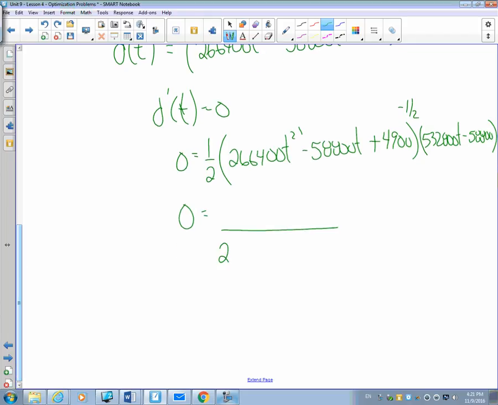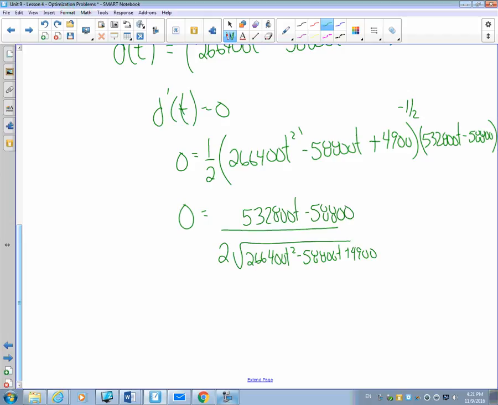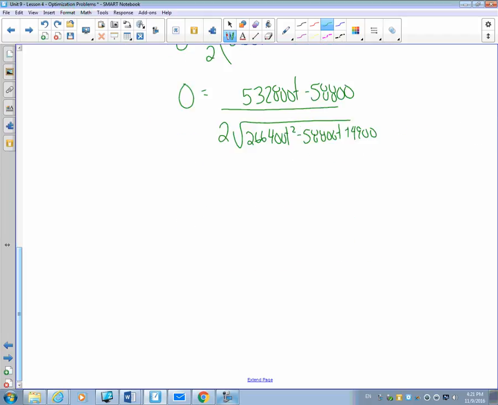On the bottom, we have the 2, the root sign, 266,400t squared, 58,800t, and 4,900. On the top, another bracket. Okay, we know we can cross multiply this and solve. The whole bottom is going to disappear.